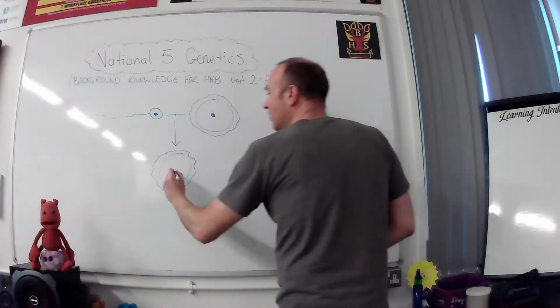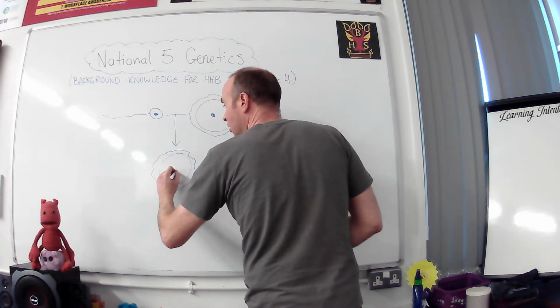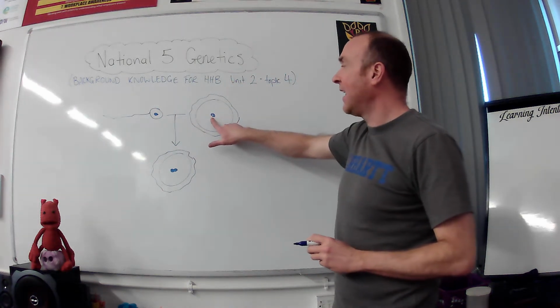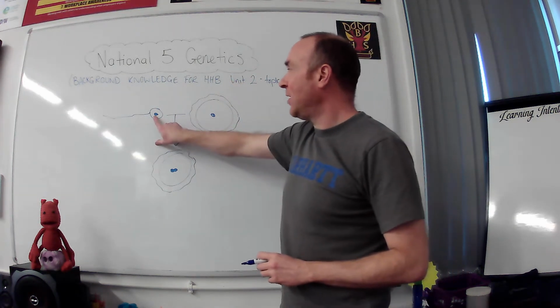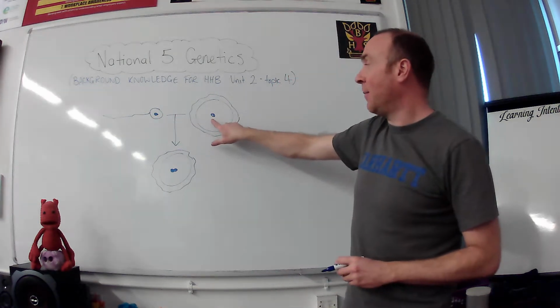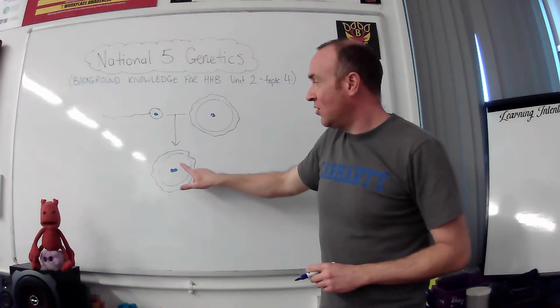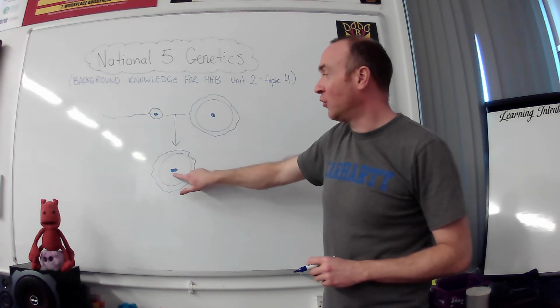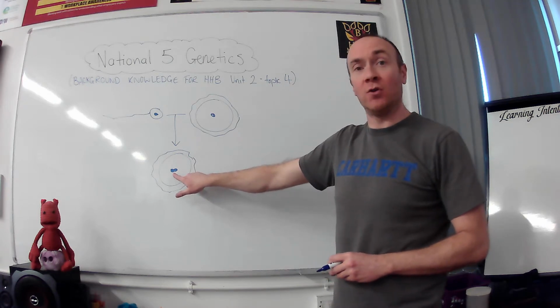Okay, so what a zygote basically is, is the combination of the nucleus from the sperm and from the egg. This information clearly is from your dad, this information from your mum, and when they combine together, you then have two sets of chromosomes, and that's the information that goes to make you.